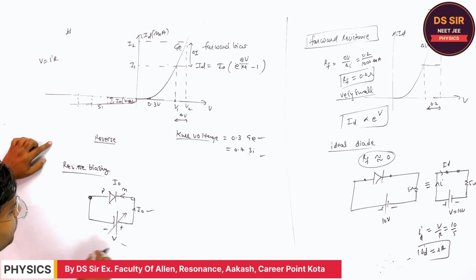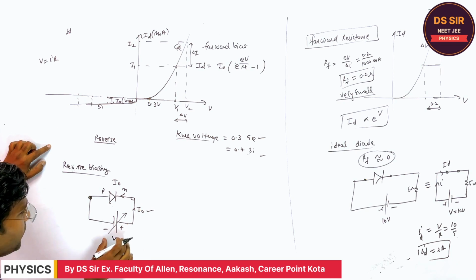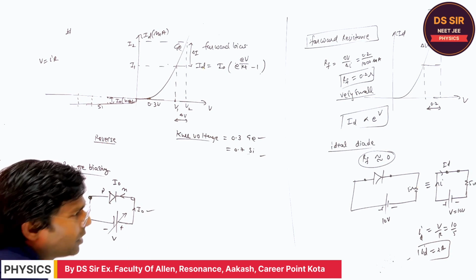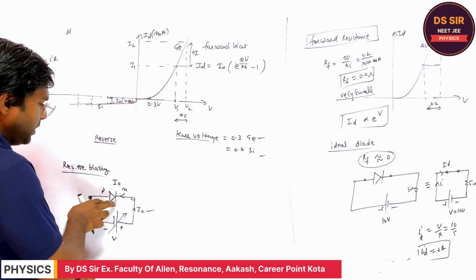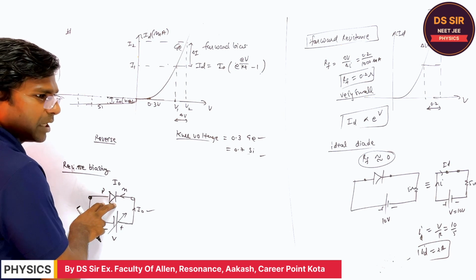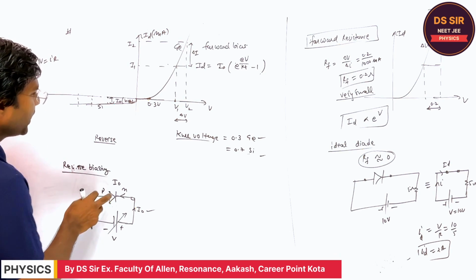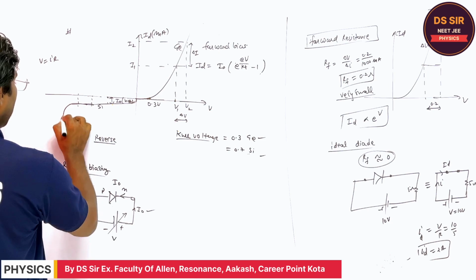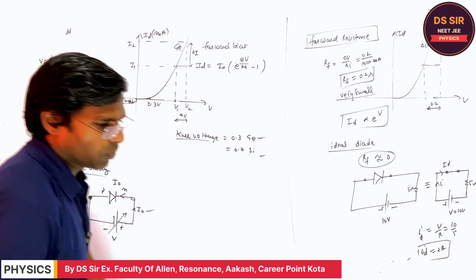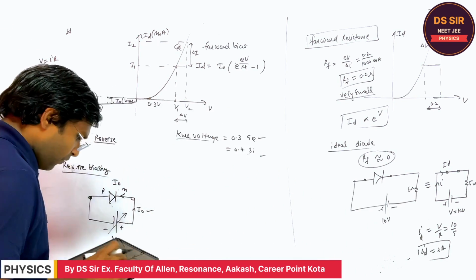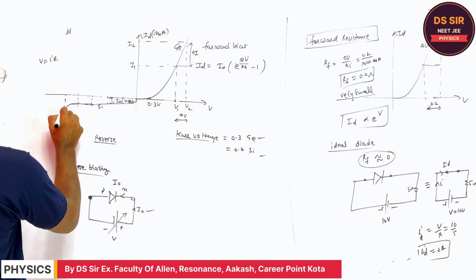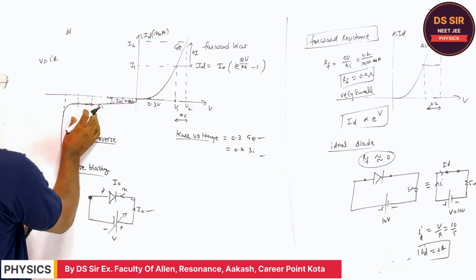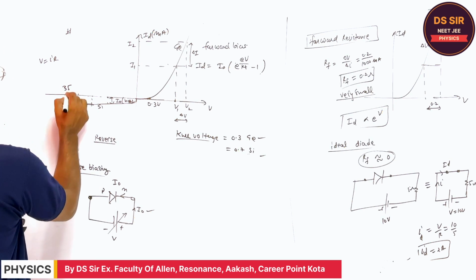But after some time, when the potential is sufficiently high, the diode breakdown occurs and a very high current starts flowing in it. Are you getting or not? For the silicon diode, the breakdown voltage is approximately 30 volt.